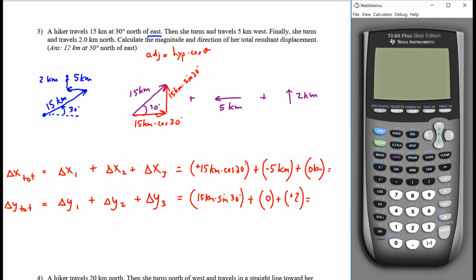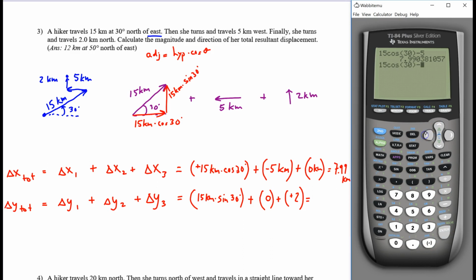I get out my trusty calculator, I make sure I'm in degrees mode, and then I do 15 cosine 30 minus 5, 7.99 kilometers. Down here, I've got almost the same thing, so I'm going to click second entry.